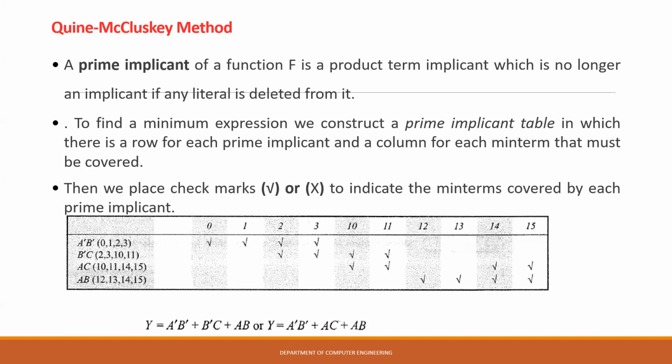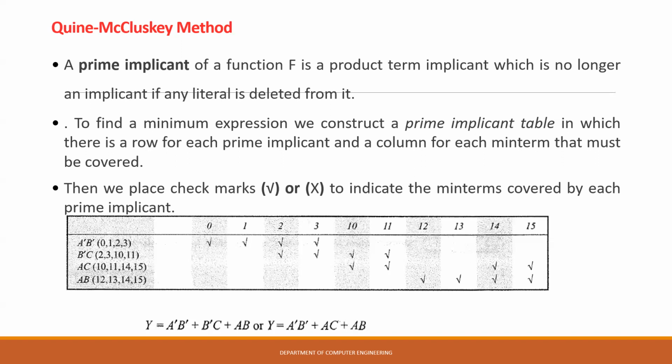Now, the groups from stage 3 of the previous slide are listed here, and the min-terms given in the example are written in a row as 0, 1, 2, 3, 10, 11, 12, 13, 14, and 15.